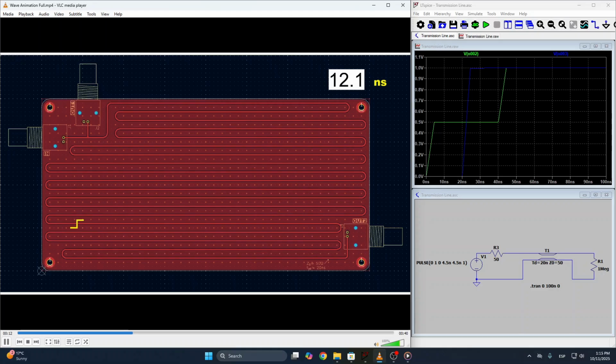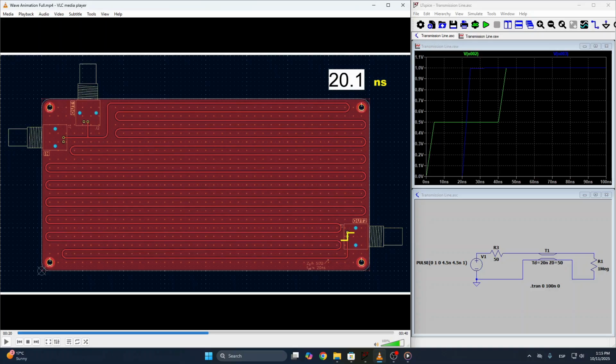It hasn't reached the other end, so it cannot know what load impedance is connected there. So here, after 20 nanoseconds, it reaches the other end. Here, when the signal hits this end, it suddenly sees a 1 megohm impedance that will cause a reflection.